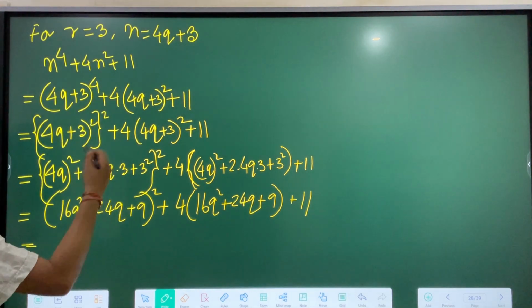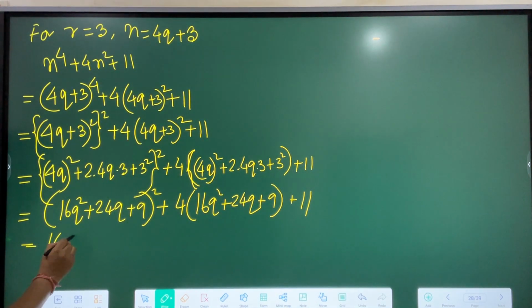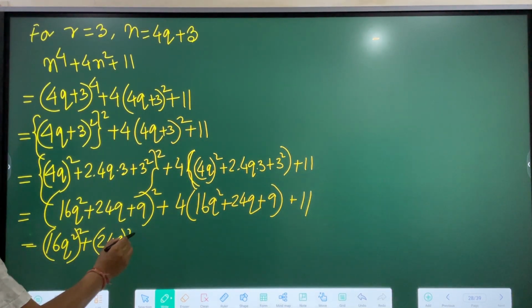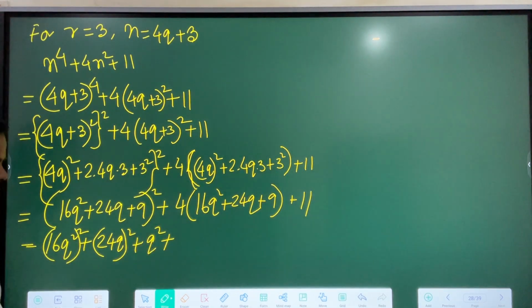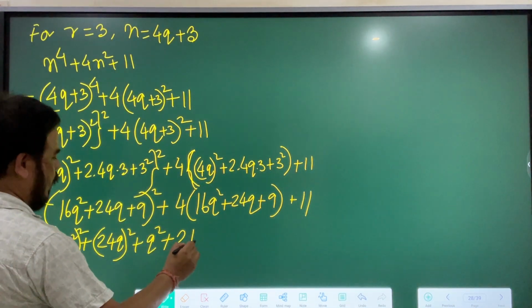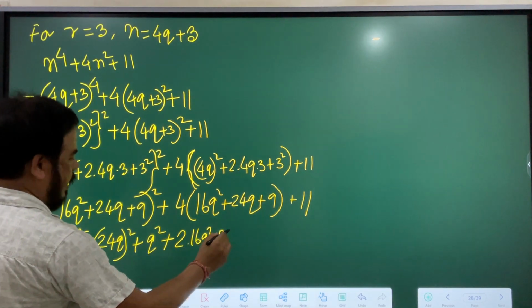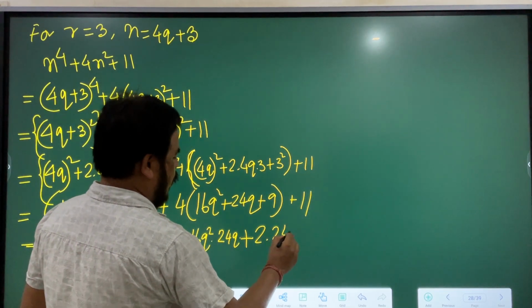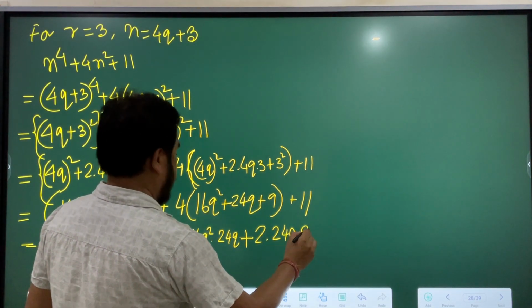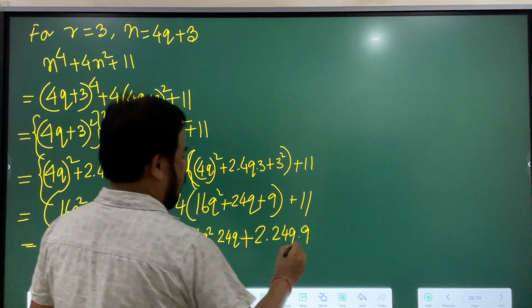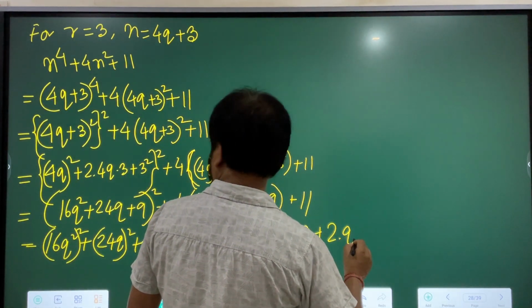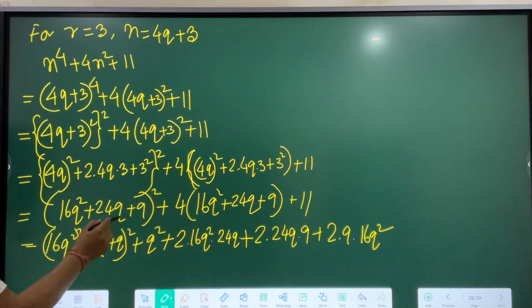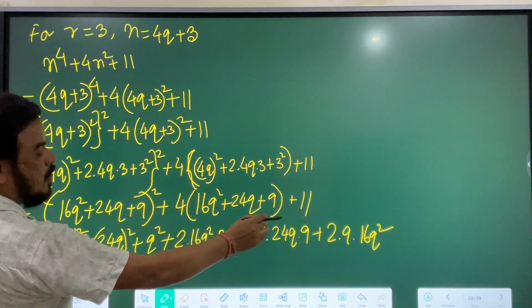(a plus b plus c) whole square is a square plus b square plus c square plus 2ab plus 2bc plus 2ca.